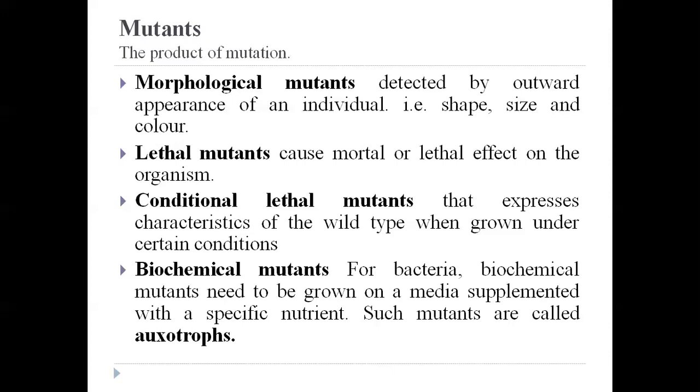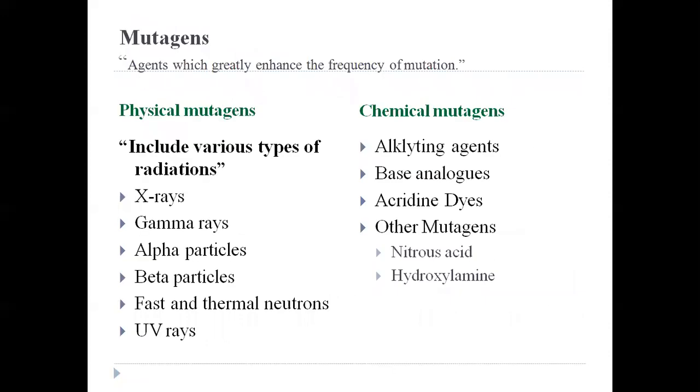Okay, fine. So here are some mutagens also, like physical mutagens, which were already discussed: X-ray, gamma rays, alpha particle, beta particle, and fast and thermal neutrons are also important. UV rays; chemical mutagens like alkylating agents, base analogs, acridine dyes, other mutagens, nitrous oxide, hydroxylamine.